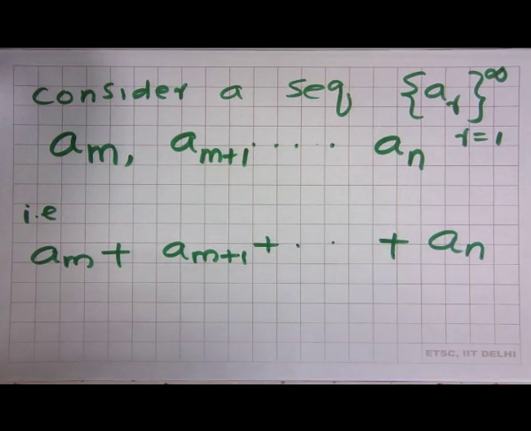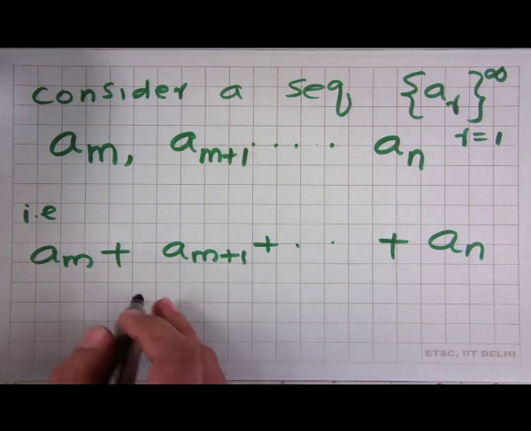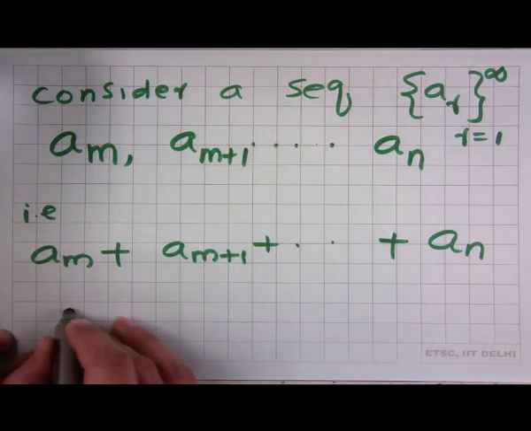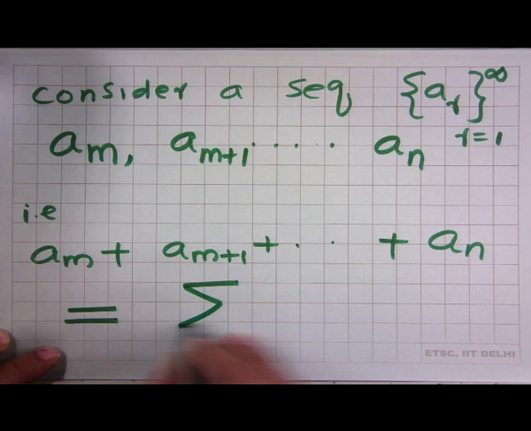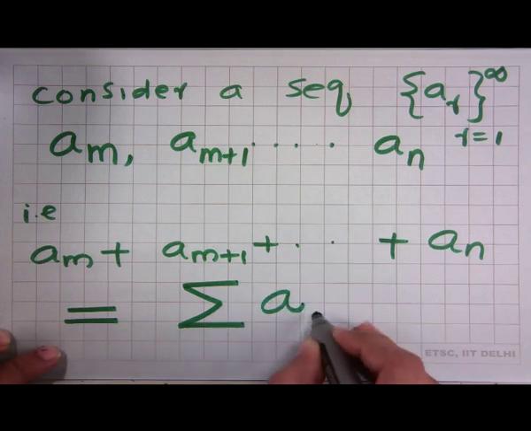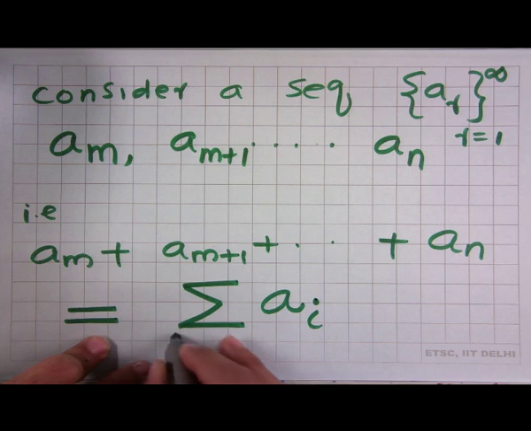In fact, we are dealing with a finite number of real numbers. So, by normal addition we can find this. This sum can be represented in a compact fashion as summation a_i, i equal to m to n.